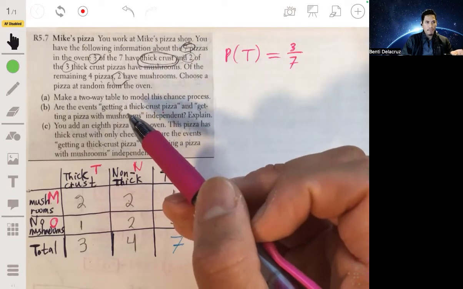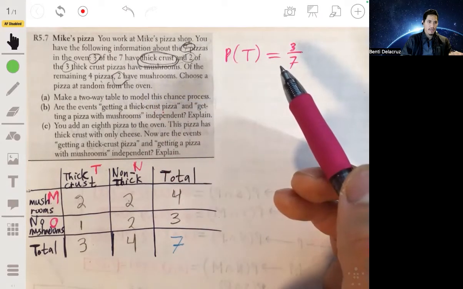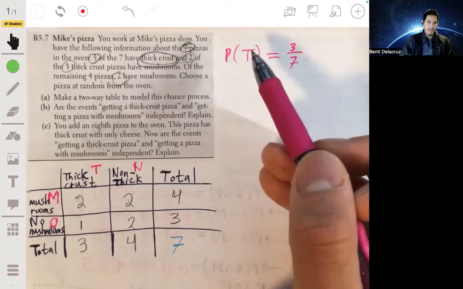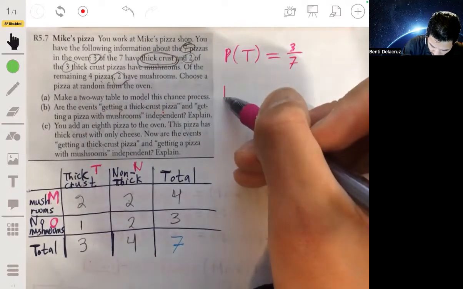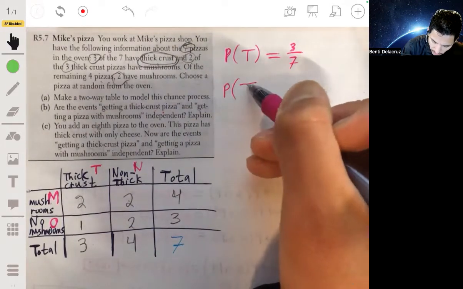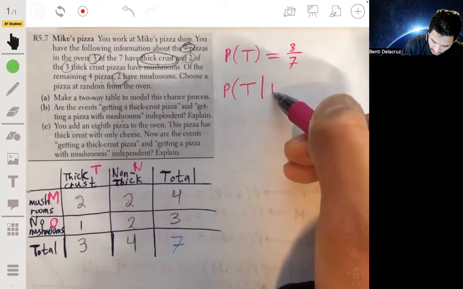Will a pizza with mushrooms have a different probability of having a thick crust? Is the probability of a thick crust pizza changed given that you have mushrooms? So again, one way to figure out is the probability of T given the other event occurring. What's the probability of T given mushrooms?